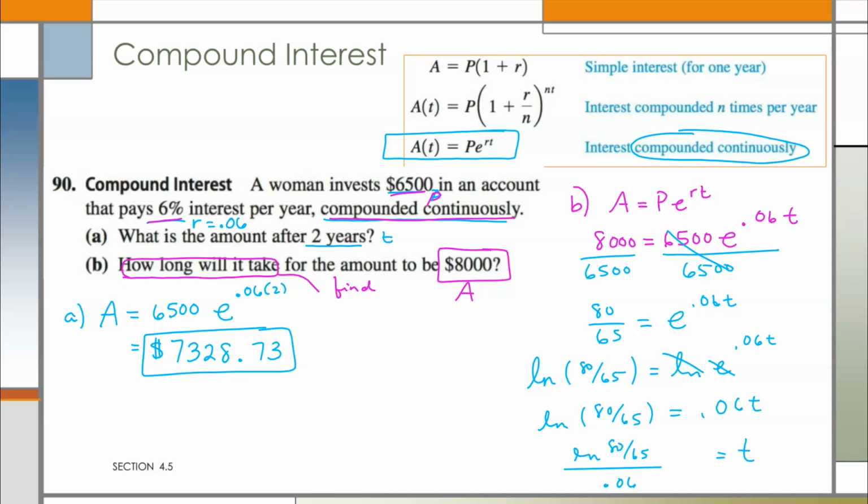Okay, so let's get that into our calculator. The ln of 80 divided by 65, we're going to divide that by 0.06, and we get that t is approximately 3.46 years.